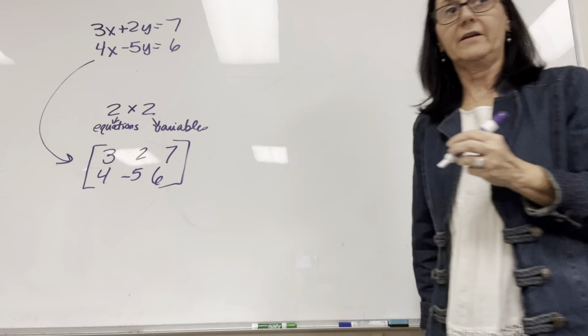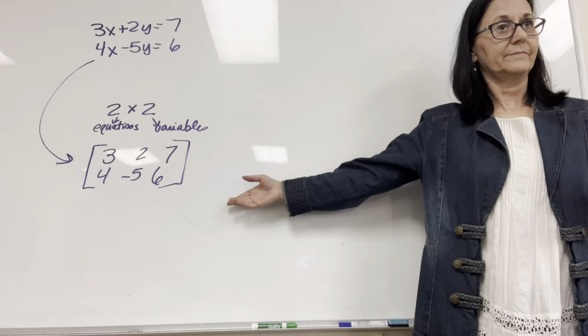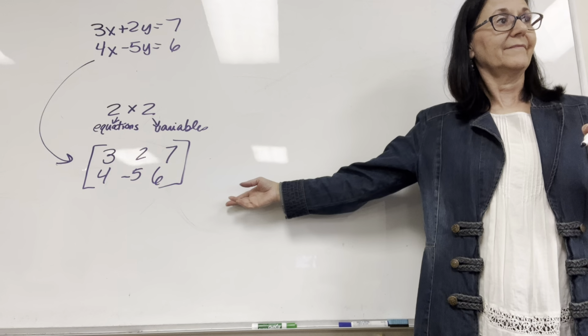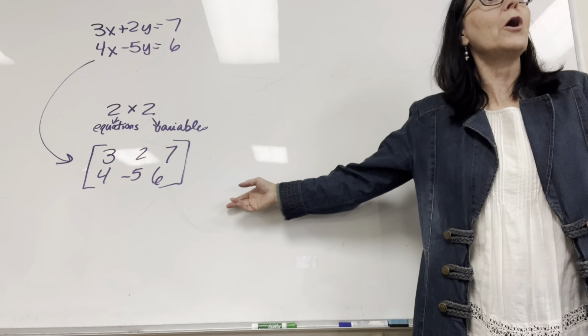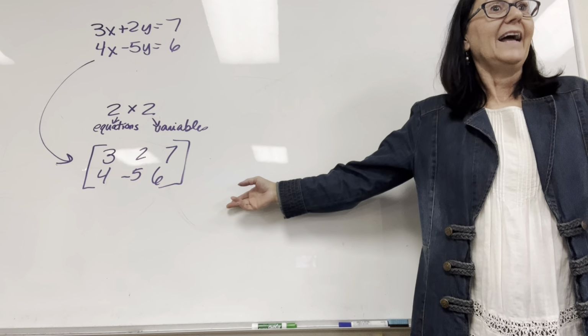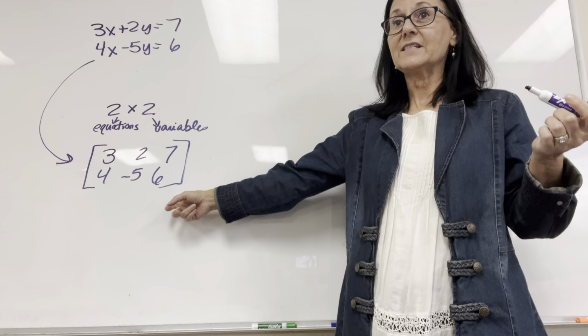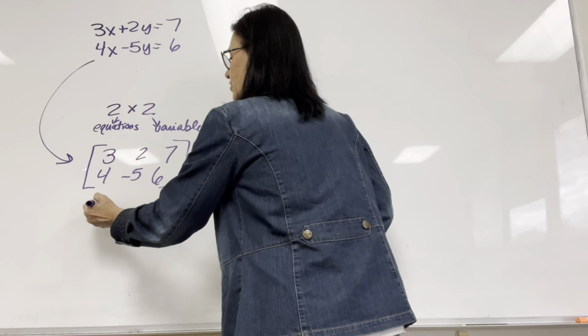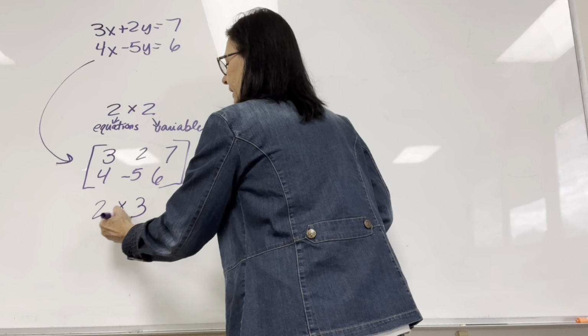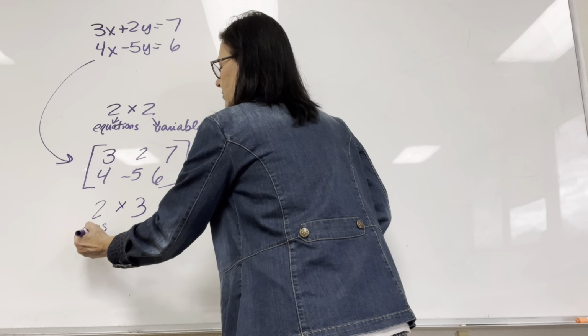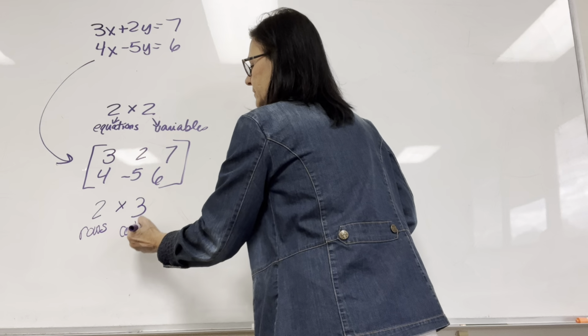That's the matrix for that system. What did I do? I took out the x's and the y's. There are no variables, and no equal sign. This matrix is a 2 by 3. It's rows by columns.